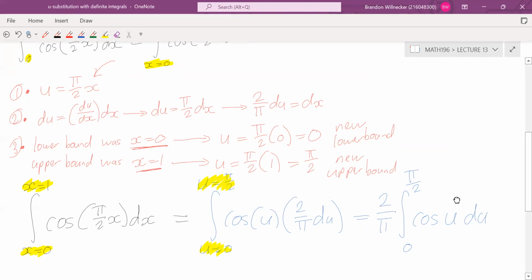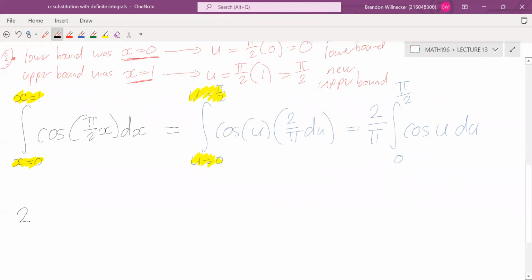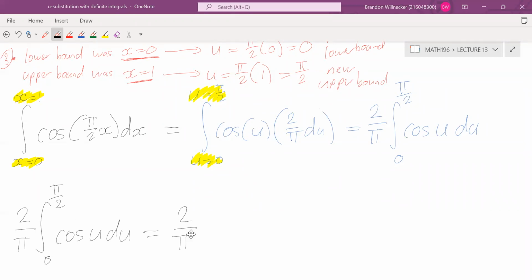Okay, so let's do the new integral. We have 2 over pi, the integral from 0 to pi over 2, cos of u du. This is going to be 2 over pi, and we use FTC part 2. The integral of cos is sine, and then we're going from 0 to pi over 2.